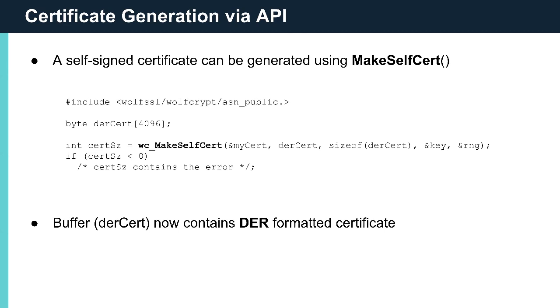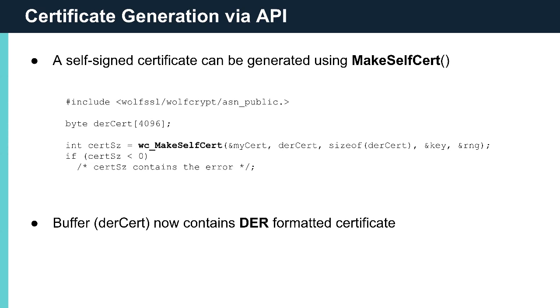We'll call the wc_MakeSelfCert API. That'll take in your pointer to the Cert structure that you filled out, output into an array, here we're calling it derCert. We specify the size of that array, a pointer to the key that we're using, which would be either an RSA key or an ECC key, and then a pointer to a WC_RNG structure.